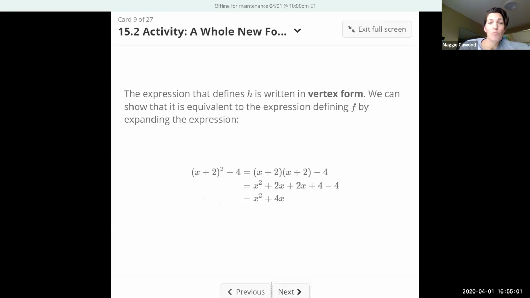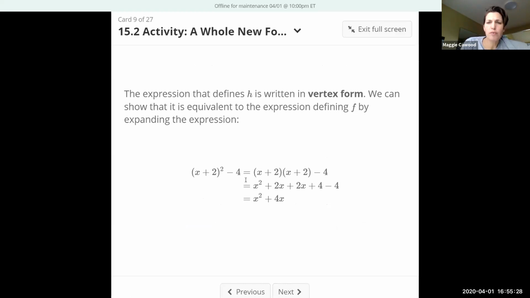It's saying we can show that it's equivalent to the expression defining f by expanding that expression. So it looks like they're going to do the work for us. What did they do? X plus 2 squared. They took x plus 2 and wrote it out 2 times. That's a great idea, because when I have something that's squared, it's that same thing times itself, minus 4.